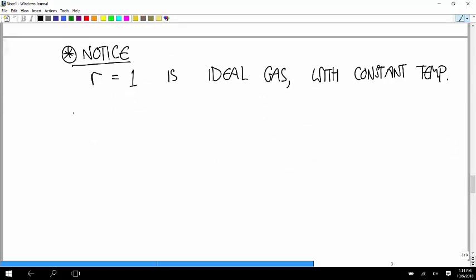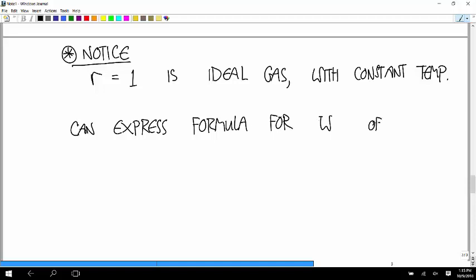Okay, so we can come up with a formula that gives you the relationship between pressure and volume. Okay, here's what we're doing. We can express a formula for the work of a general polytropic process.